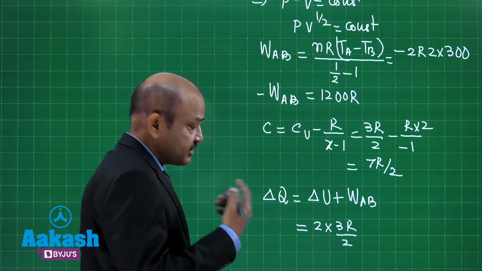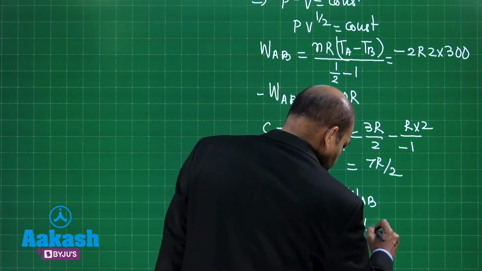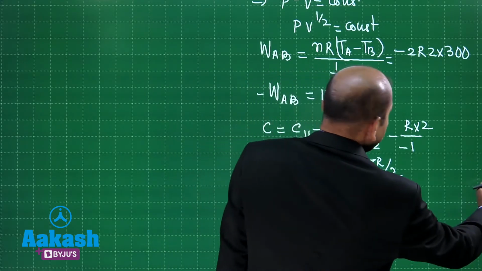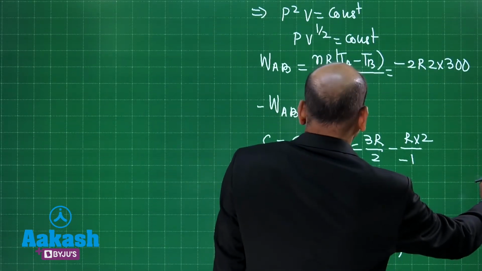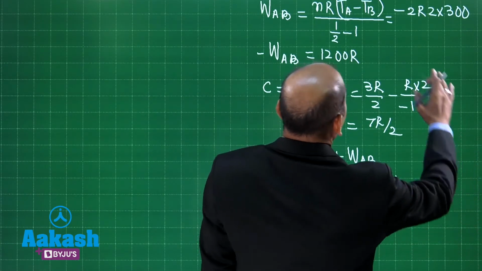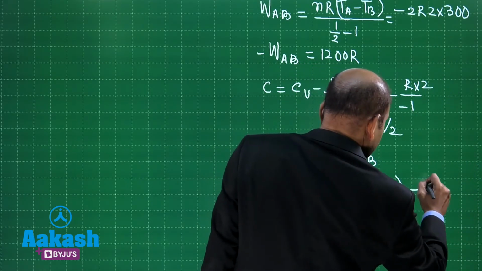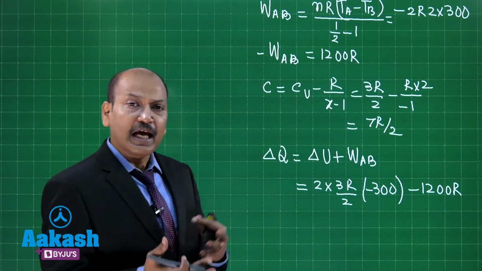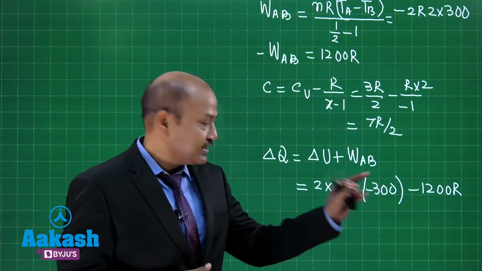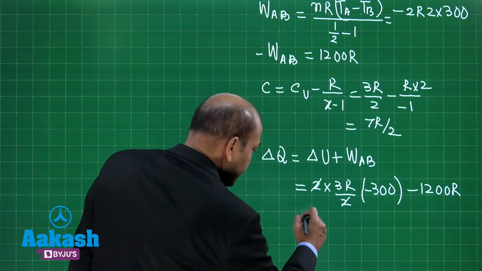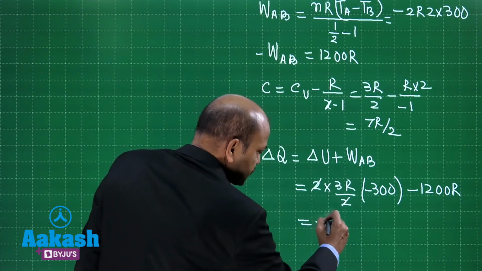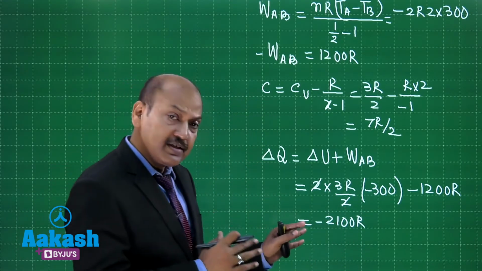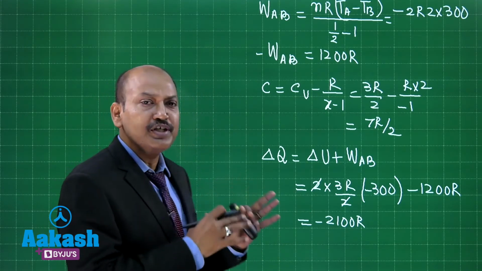Delta T we have seen is minus 300 Kelvin. So, minus 300, and work done in the process AB we have already evaluated earlier. It is minus 1200 R. So, minus 1200 R. That is the heat absorbed by the gas in the process, is it not? And this comes out as equal to minus 2100 R. So, which means the heat rejected by the gas is 2100 R.